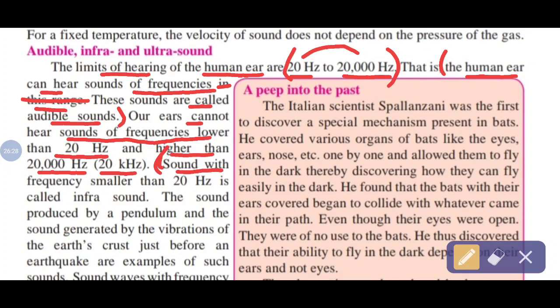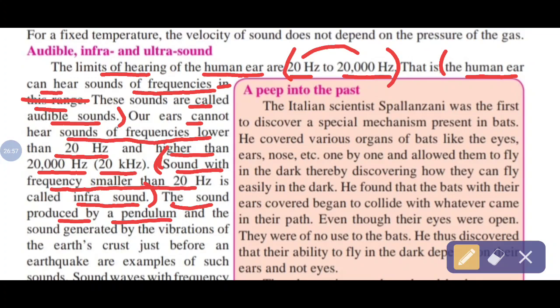Sound with frequencies smaller than 20 Hz is called infrasound. Some examples are given here of where infrasound is produced. Underline these examples: the sound produced by a pendulum. Where do we observe the pendulum?